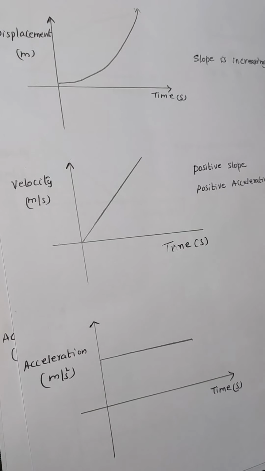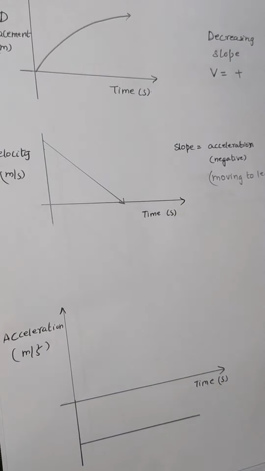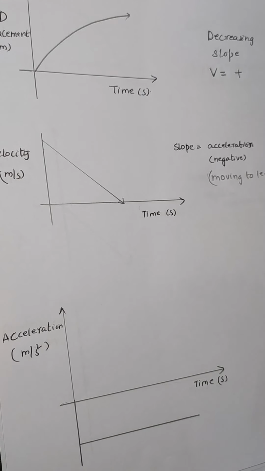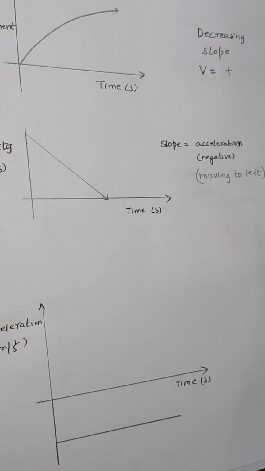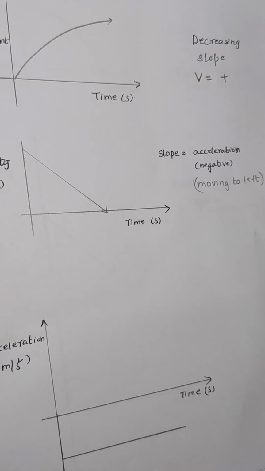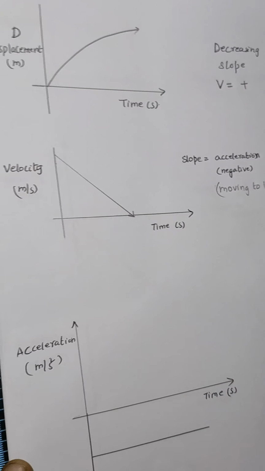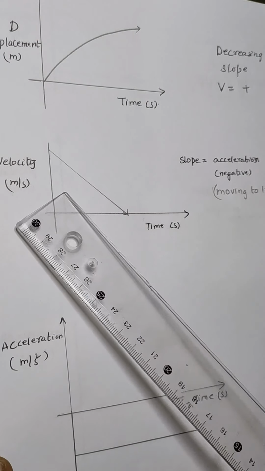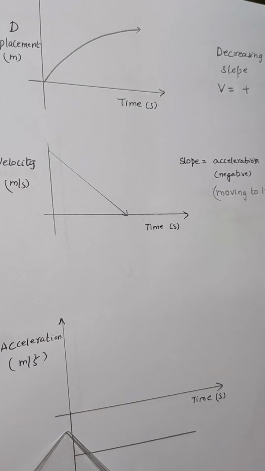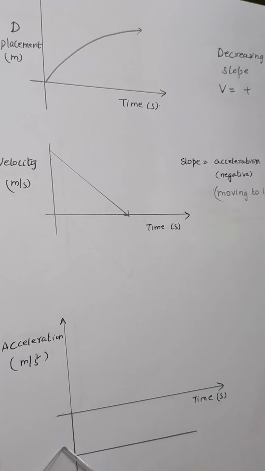Now, we will look into another example. Again, look at the situation here. This is again a displacement time graph. Then we have the velocity time graph and the corresponding acceleration time graph.